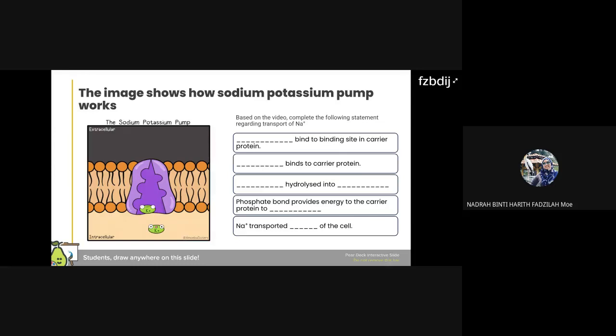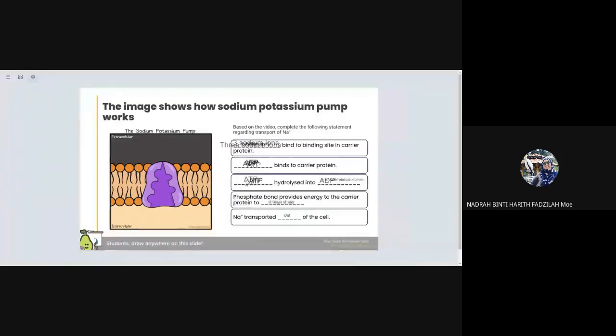Okay, good. Most of you have responded. Oh, okay, nampak bertindih tapi tak apa, I can still see it. Okay, 3 sodium ion binds to the binding site in carrier protein. And then bila dah ada sodium ions, carrier protein tetap tidak berubah bentuk sebab carrier protein tunggu kehadiran ATP. So step number 2, ATP binds to the carrier protein.